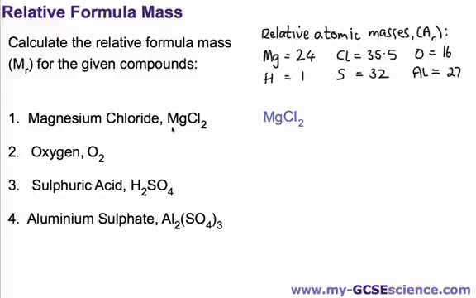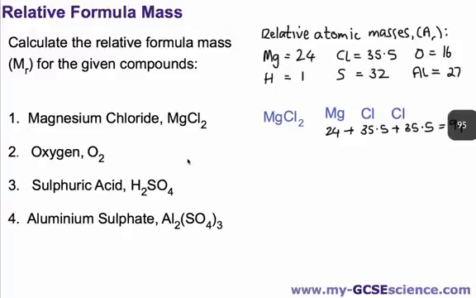Right, so for magnesium chloride we've got MgCl2. Remember, the 2 refers to the number of chlorines, so we've got Mg, a chlorine and a chlorine. The relative atomic mass for magnesium is 24, and for chlorine it's 35.5, so 24 plus 35.5 plus 35.5, and that would be 94.